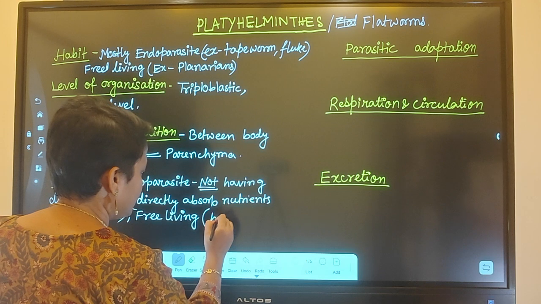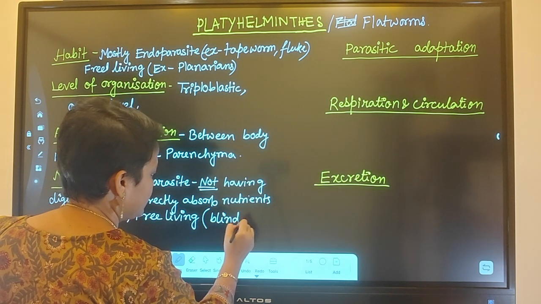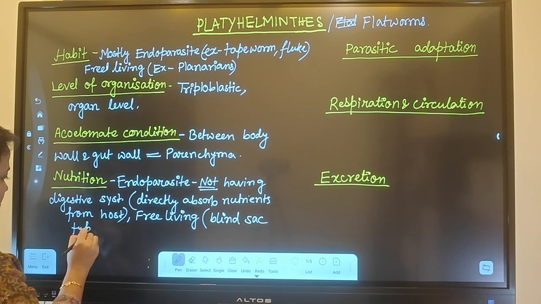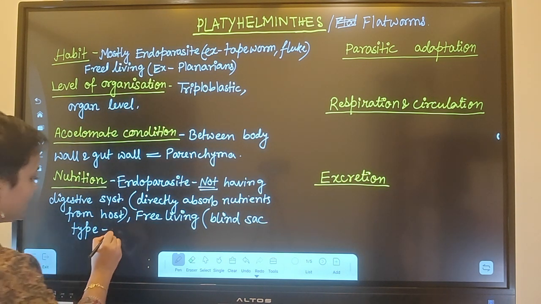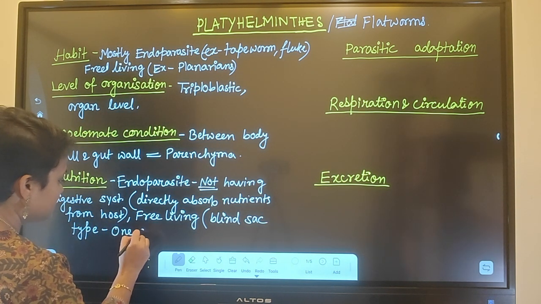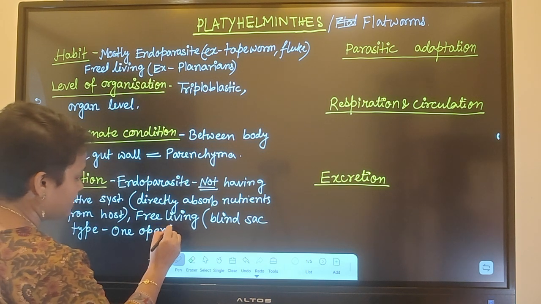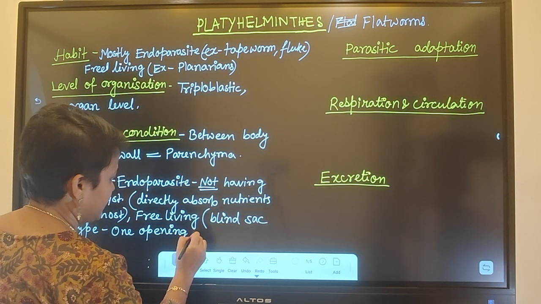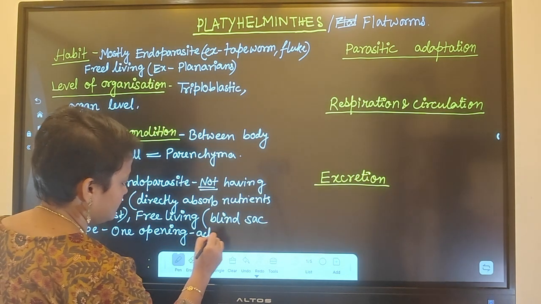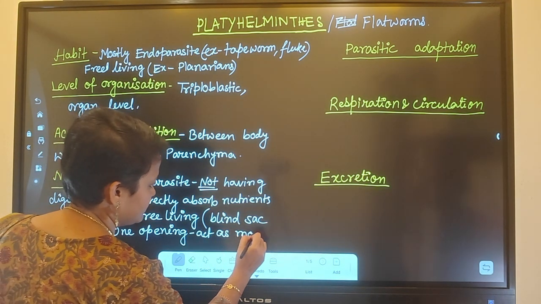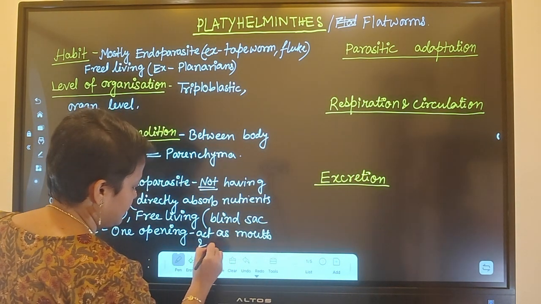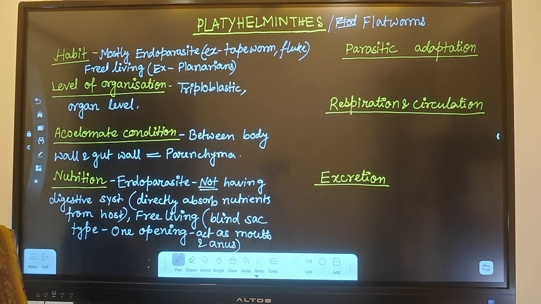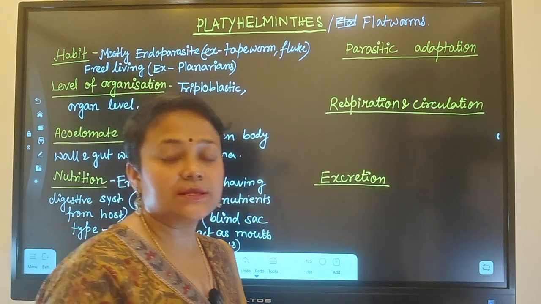So in free living forms, blind sac type digestive system, with only one opening acting as mouth and anus.